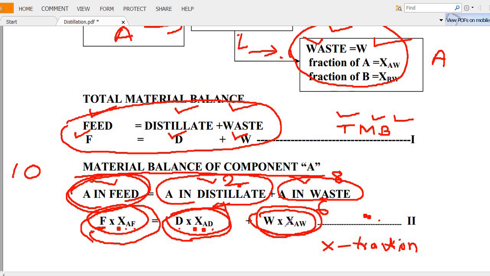So XAW means fraction of A in waste. Okay, now we'll solve one problem related to that, and from that you can find out some unsolved problems. So with the reference of this, you can solve unsolved problems.